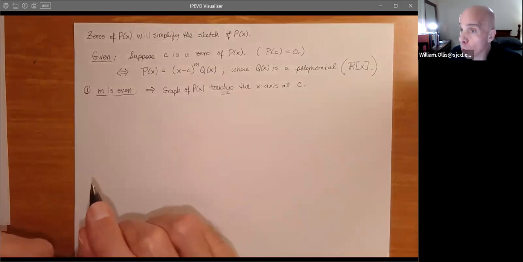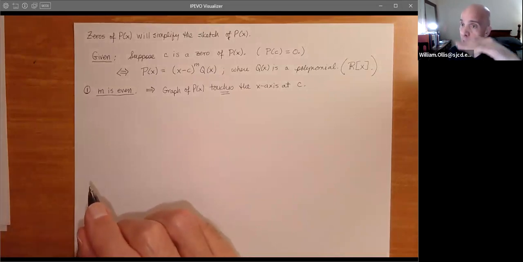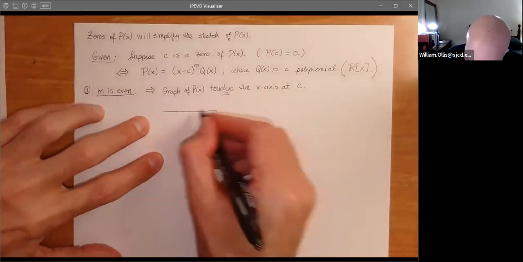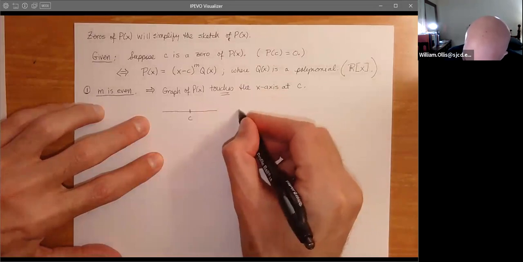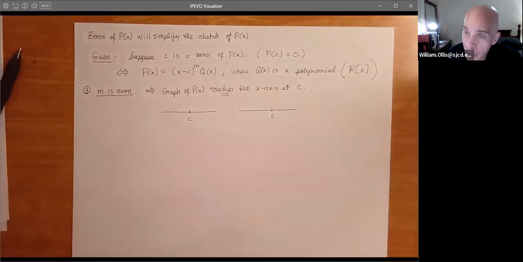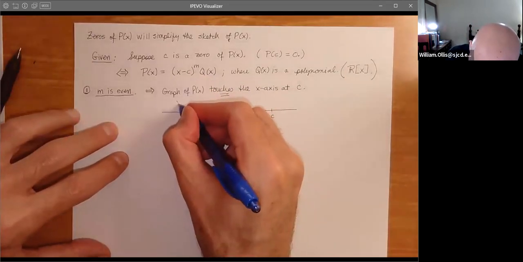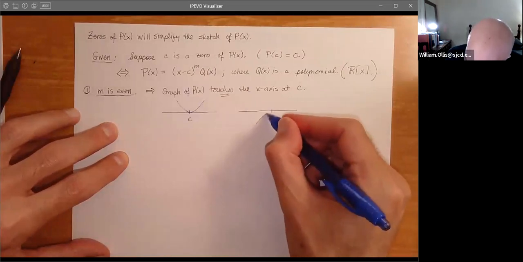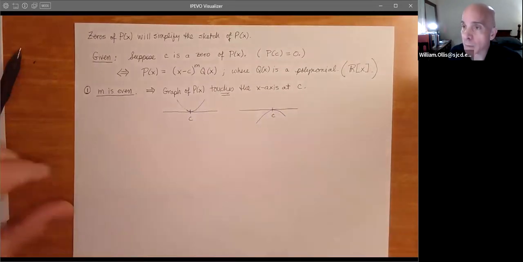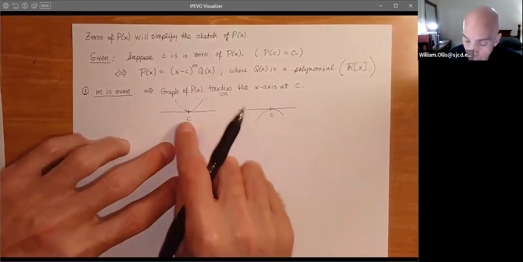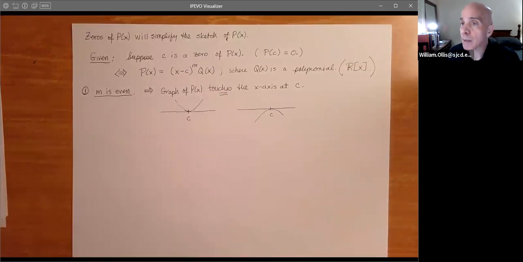The graph will not cross, it will only touch and then move away. So if we have the C here, we could have something going on like this where we touch, or maybe something like this, touch. The even multiplicity will dictate the local behavior, so to speak.